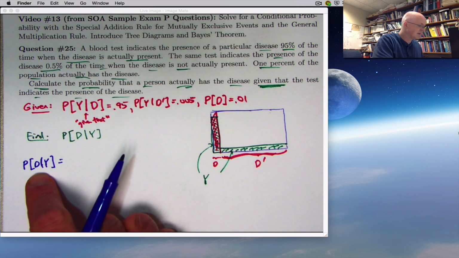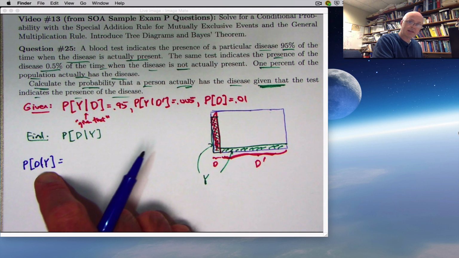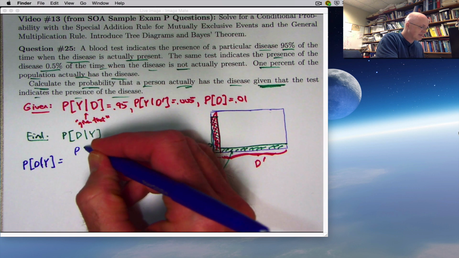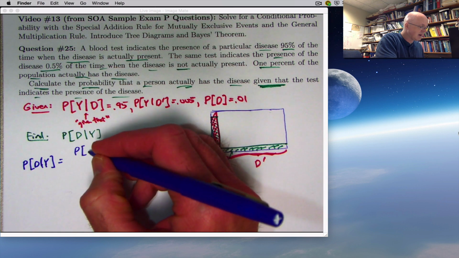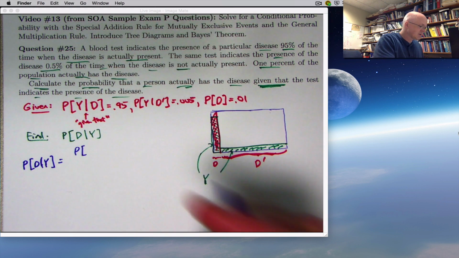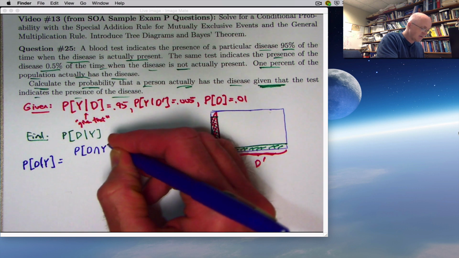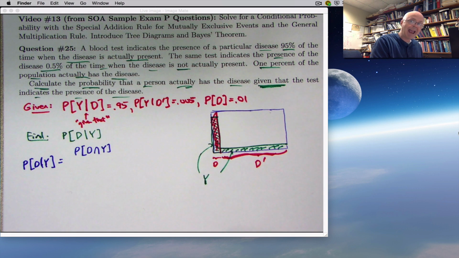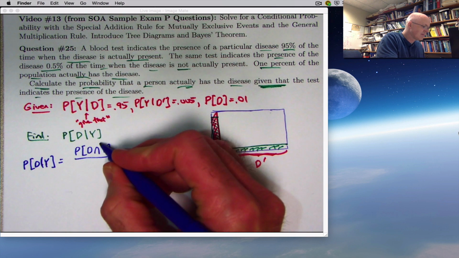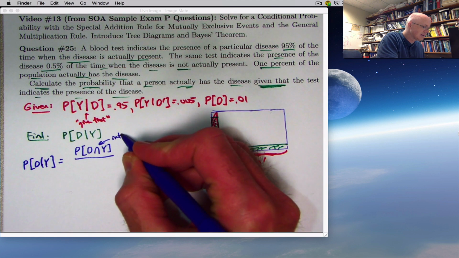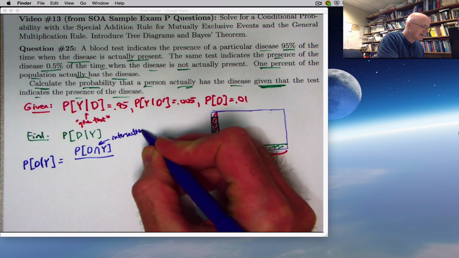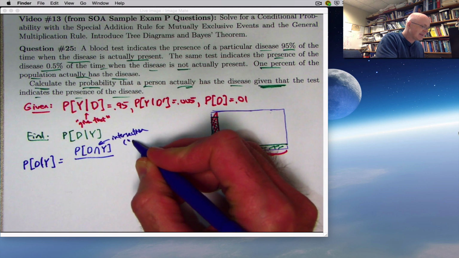The probability of having the disease if it is given that the test comes back positive. By definition, that's really the probability of a randomly chosen person having both the disease and the test coming back positive. I'm using the intersection symbol there to mean and. That's the intersection symbol. It basically means and.